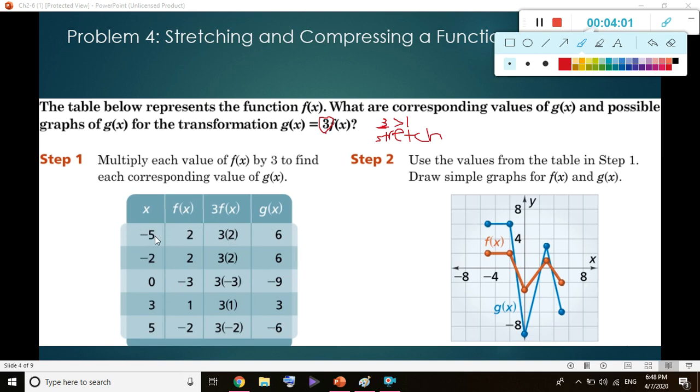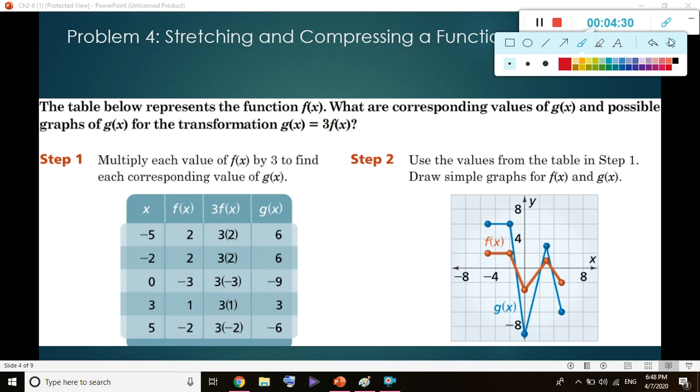Sorry, the f of x itself, we're going to multiply it by 3. So all values of f of x, we're going to multiply them by 3. So the answer of g of x is going to be 3f of x. Now this is the original graph we have. After multiplying it by 3, we stretched it into this graph. This is how we stretch it vertically. We have a vertical stretch here.